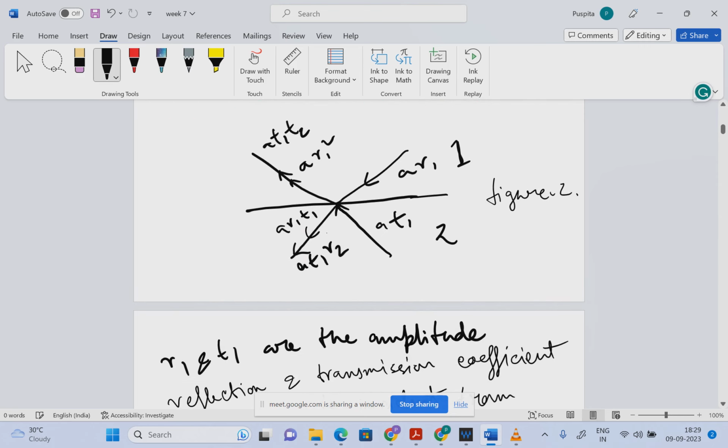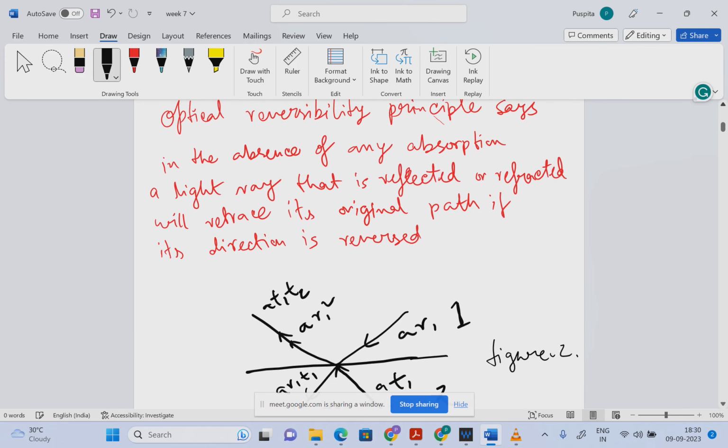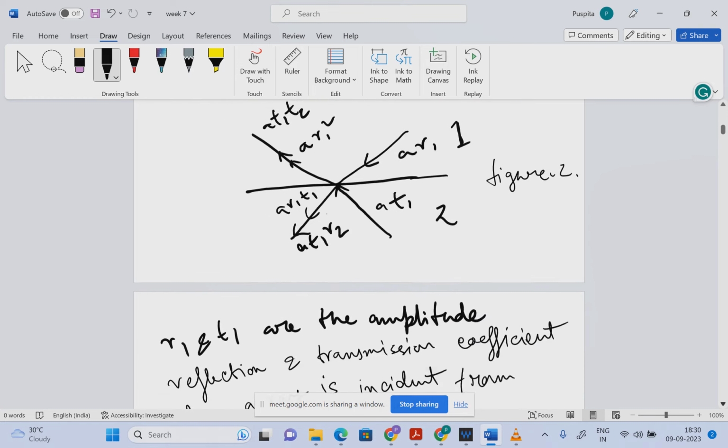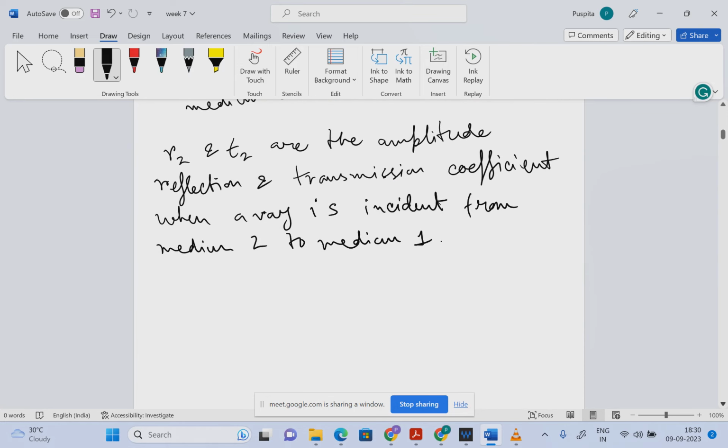As we have already stated, we need to use the optical reversibility principle, and assume there is no absorption, so a light ray that is reflected or refracted will retrace its original path. If we compare, A will be equal to A T1 T2 plus A R1 square, and A T1 R2 plus A R1 T1 is 0.